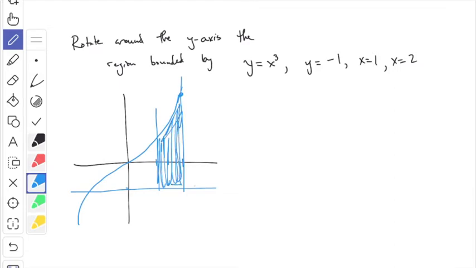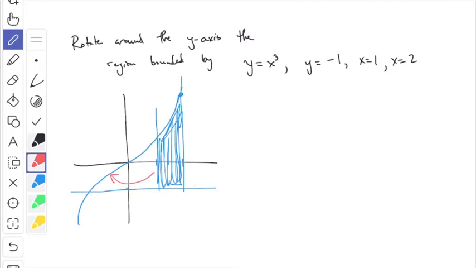It's the region in between those four curves. I hope everyone's clear on how I got that picture. And then we're going to rotate, I said rotate around the y-axis, so it spins around that way. All right.